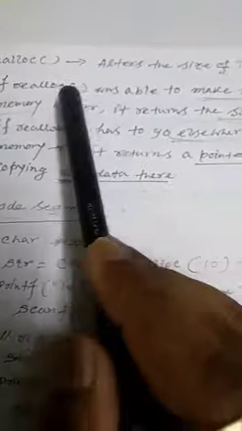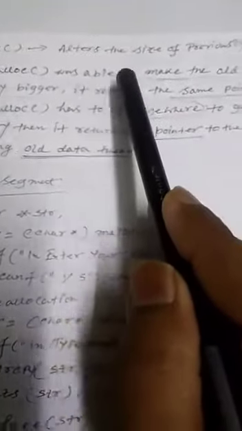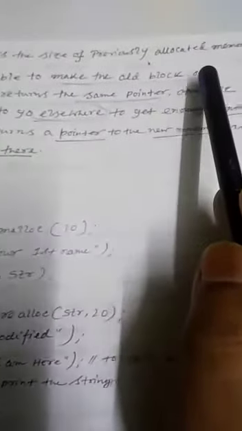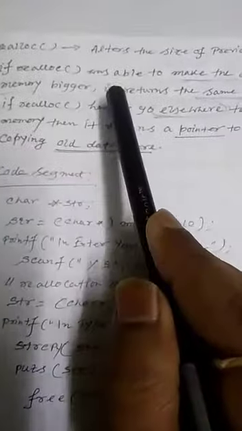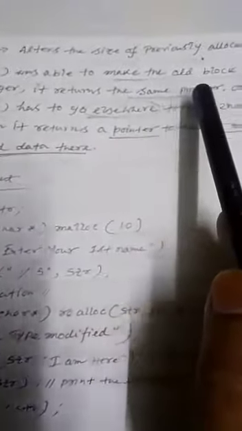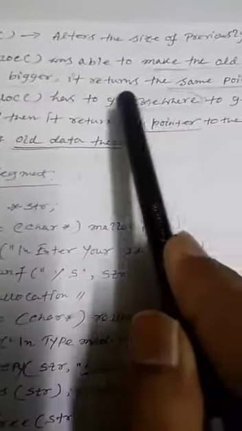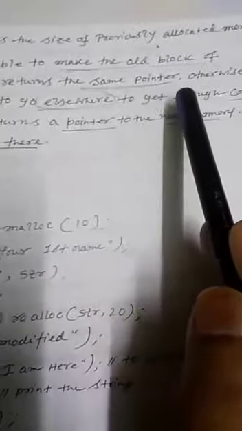Now the realloc function is another very interesting function. Realloc alters the size of previously allocated memory. If realloc was able to make the old block of memory bigger, it returns the same pointer.